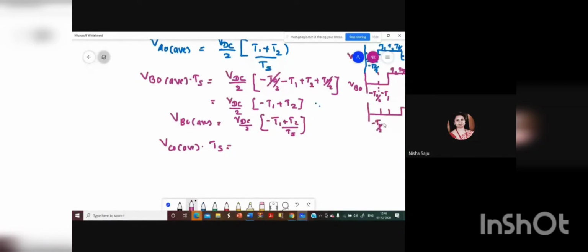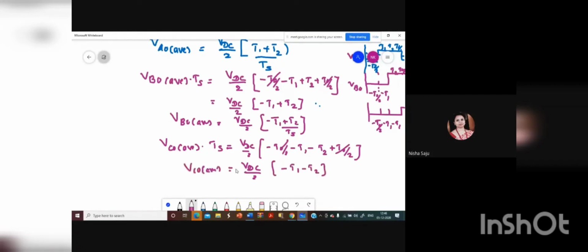So you have VDC by 2 into minus T0 by 2 minus T1 minus T2, then plus T0 by 2. Again, this will be cancelled. You have VDC by 2 into minus T1 minus T2, the whole divided by TS. Or if you take the minus sign outside, you can simply write it as equal to minus VA0 average itself.